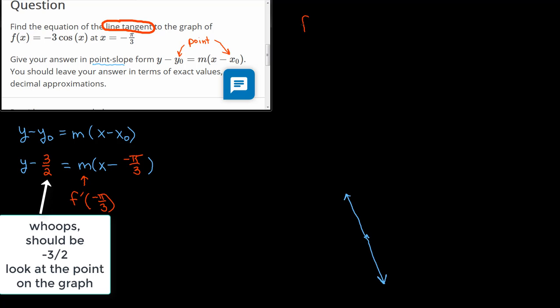Okay, well, let's see. So f of x is equal to negative 3 times the cosine of x. And so the derivative of that is going to be, don't tell me, the negative 3 stays there, and then the derivative of cosine, pause the video and think about it.